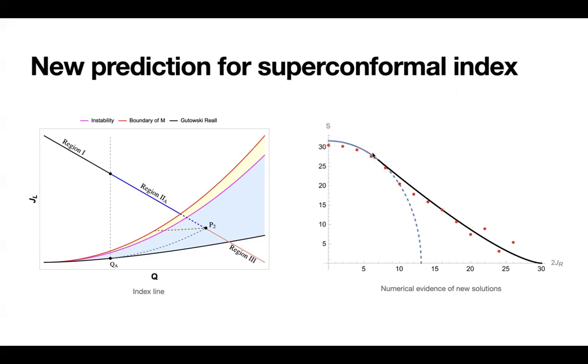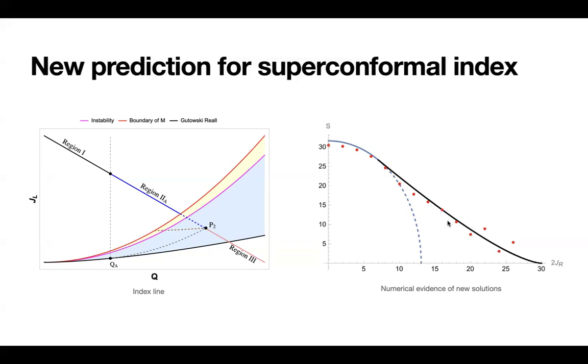So this blue solid curve and blue dotted curve is the prediction of the superconformal index if the supersymmetric states were only on the black hole manifold. However, this black curve which deviates from the blue dotted curve is a signal that the gray galaxies exist.